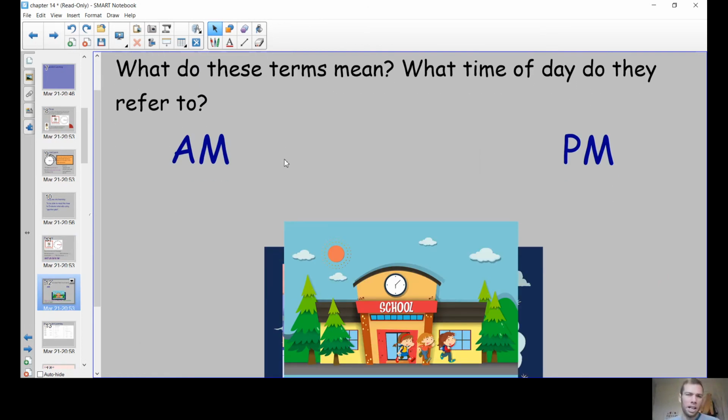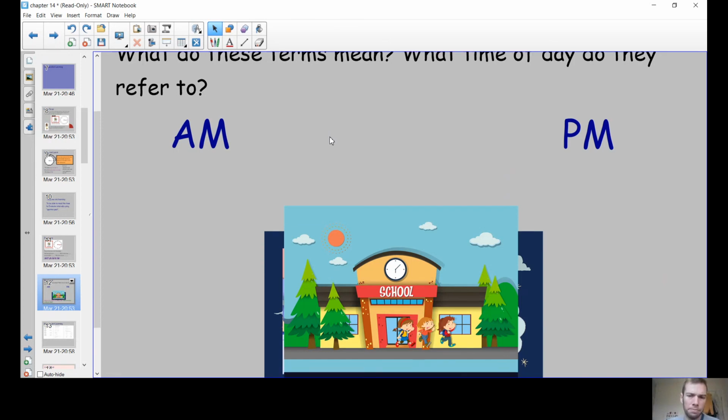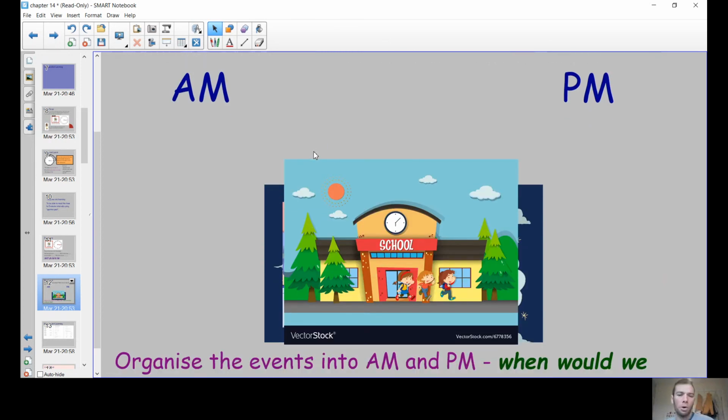Moving on. What do these terms mean? AM, PM. What time of day do they refer to? Well, let's see. AM means our morning, and it means before 12 o'clock, before 12 noon.